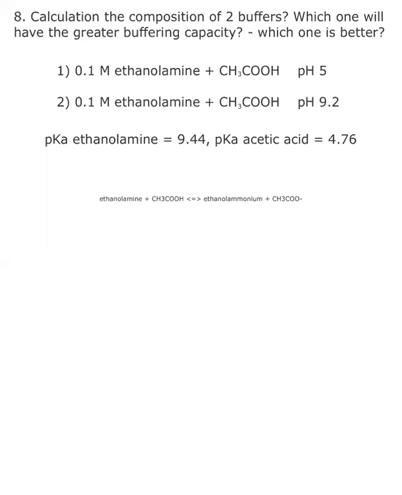Come back to the compositions of our buffer here. So ethanolamine, when you mix it with the acetic acid, it will change to ethanolammonium and acetate. So you can notice here that we have two different buffer systems. Here, the first one is the pair of ethanolamine and ethanolammonium, while the second one is the pair of acetic acid and acetate.